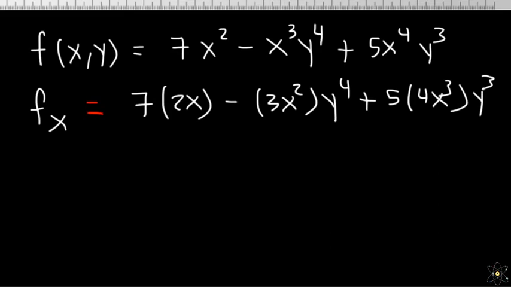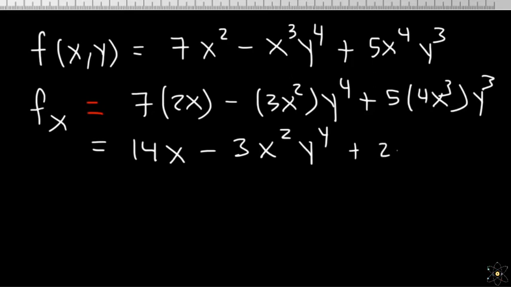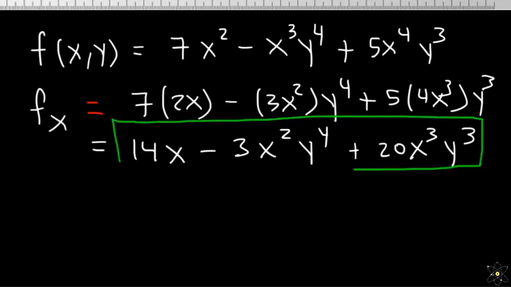So that's how you can find the first partial derivative with respect to x. Treat x as a variable, and any other variable treat as a constant. So this is equal to 14x minus 3x squared y to the fourth plus 20x cubed y to the third. So that's the answer. That's the first partial derivative with respect to x.